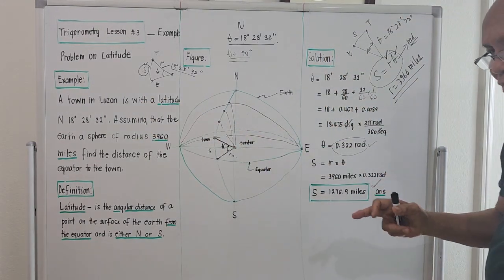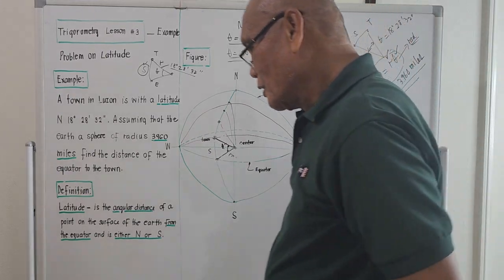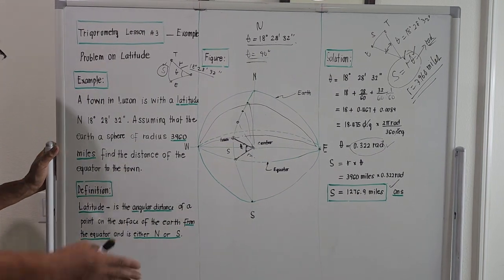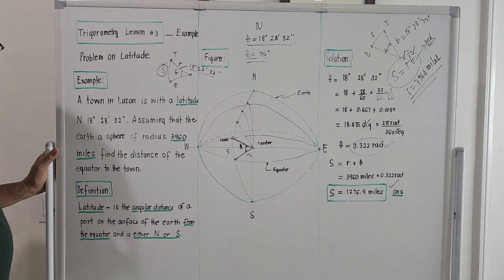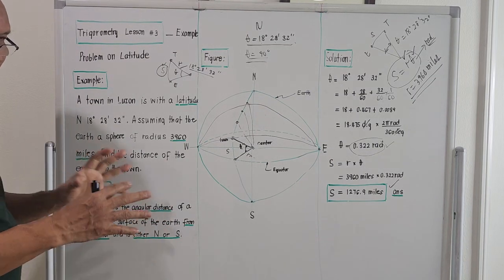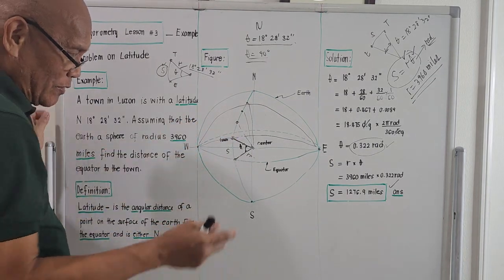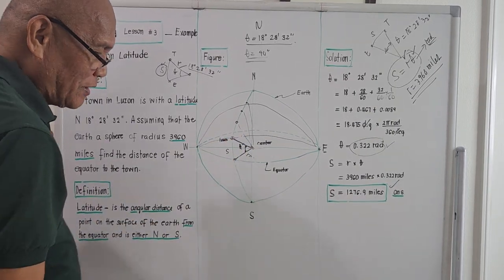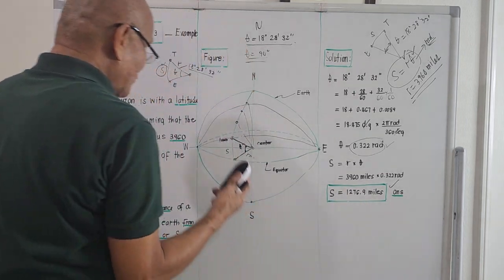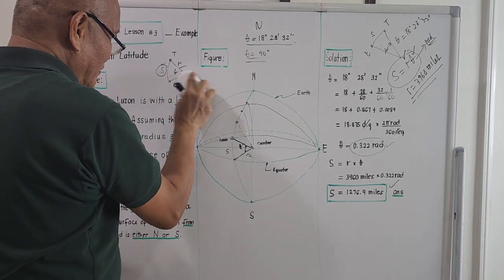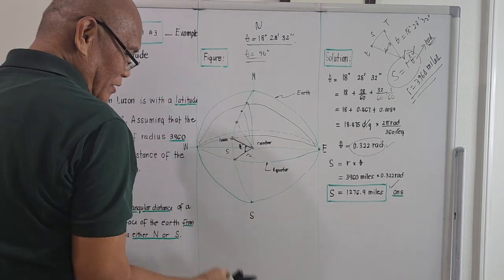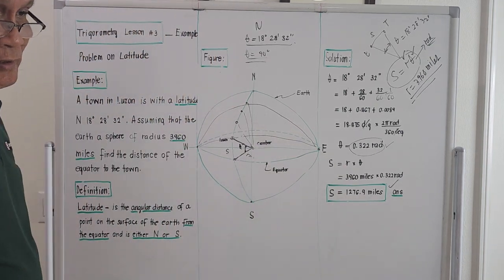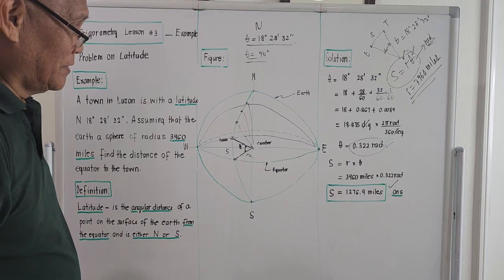That's it, guys. That is an application of angular measurements. This is an actual problem, because if you try to locate a certain point on the Earth, you must specify its latitude and longitude. And actually, that's a very dangerous one. Why is it very dangerous? The concept of this is actually the design of the so-called intercontinental ballistic missile.